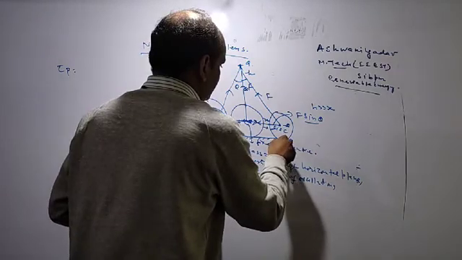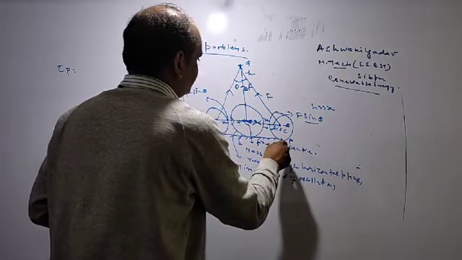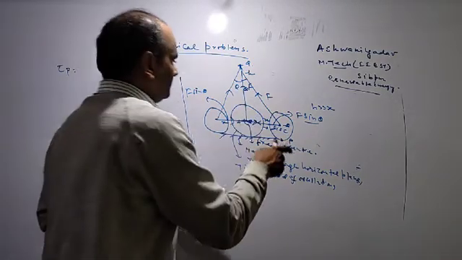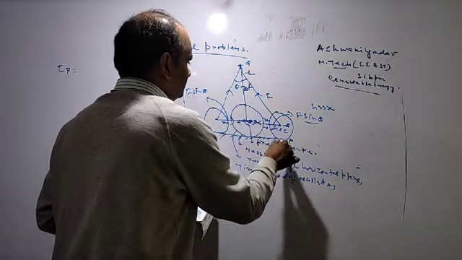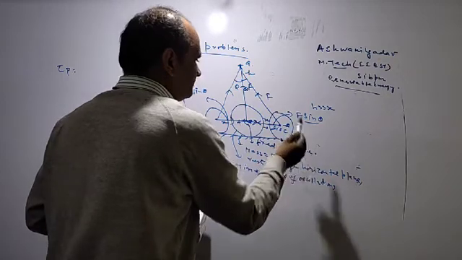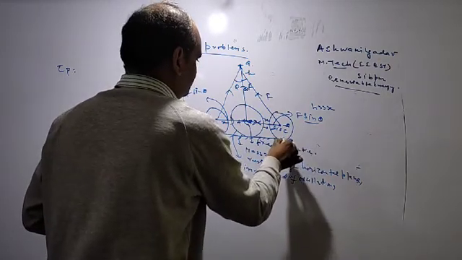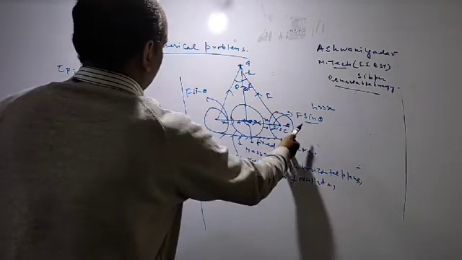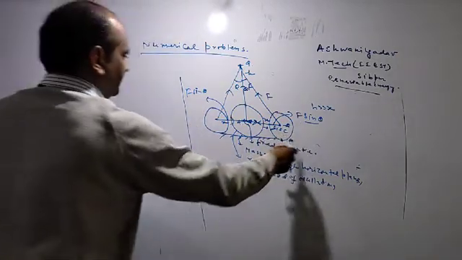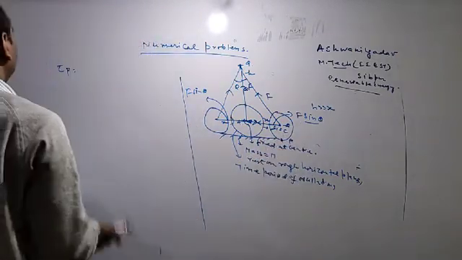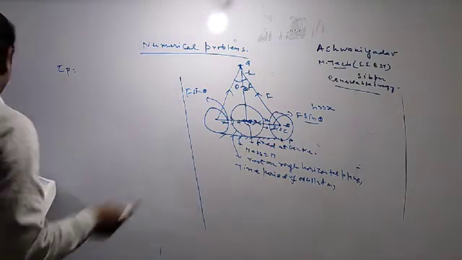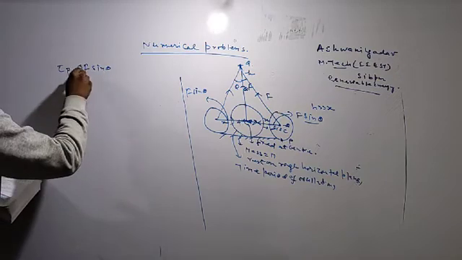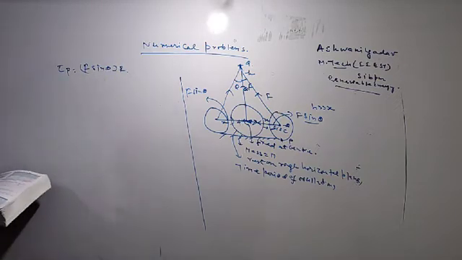Because at this point friction will be present, and the friction force will pass through this point, so its torque will be 0. So we have the torque about point P: F sine theta into R.